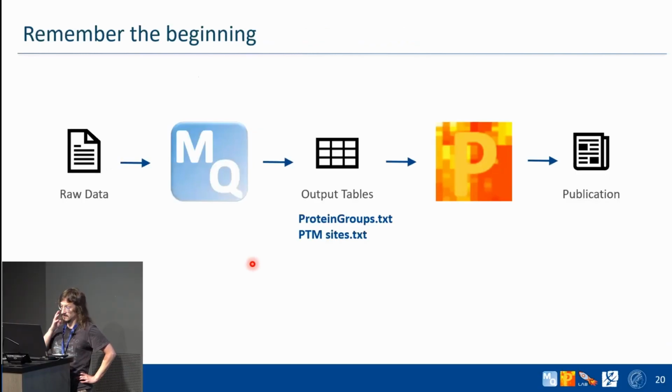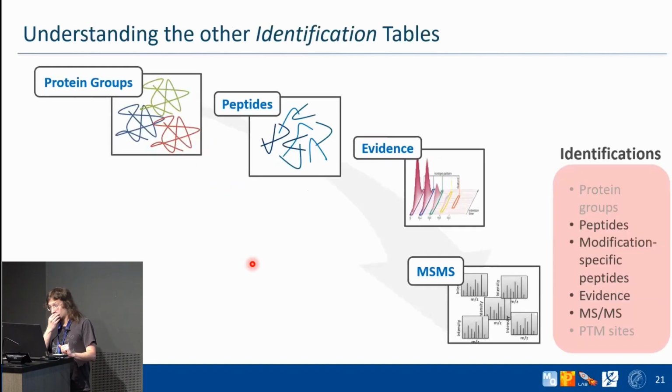So again, as I said, output tables are the link between MaxQuant and Perseus. Usually these two output tables that I showed you are those that you would then use for Perseus analysis. And those are exactly those that you will use in the next days in the tutorial for Perseus. But there is also other information, and as you remember from Monday's talks, you start with the protein groups, but they come from peptides.